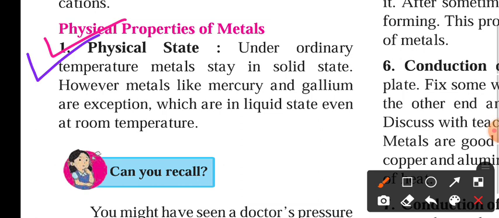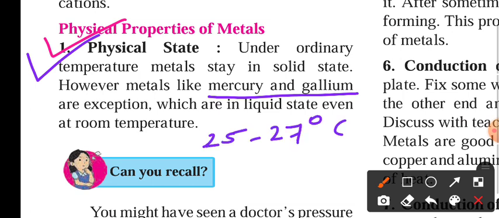So metals are generally solids. There are certain exceptions like mercury and gallium, which are found in a liquid state at room temperature. Room temperature means we consider 25 to 27 degrees Celsius. At this temperature, mercury and gallium are found in a liquid state. Otherwise, the other metals are found in a solid state.